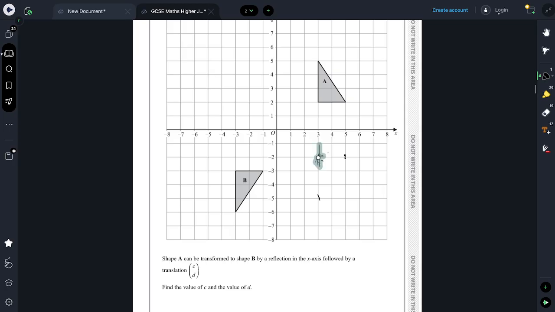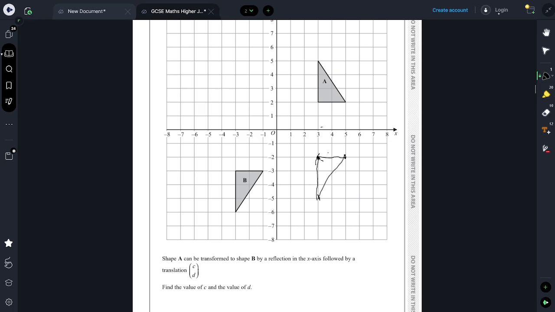Okay, there we go. You know what? Sod the ruler. It's causing more stress. Draw a rough line there. Obviously, do use a ruler in the exam, but it's bloody awkward on the computer. I don't know how people do it. There we are.